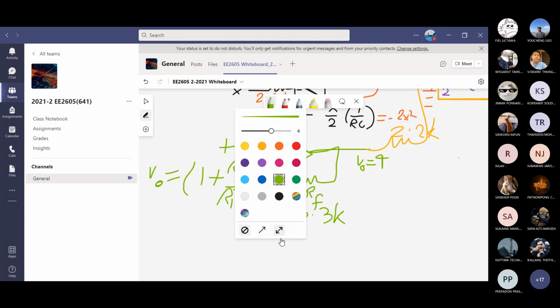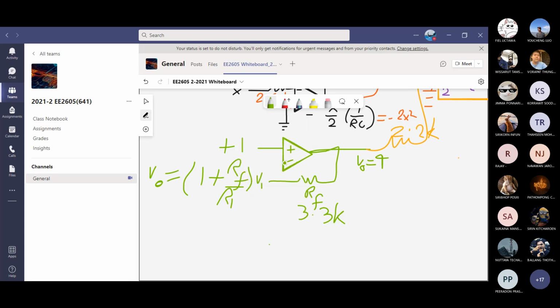Let me redraw it here. R1 and ground. This is R1. It is 1.1K. I took RF as 3.3K. This is RF.